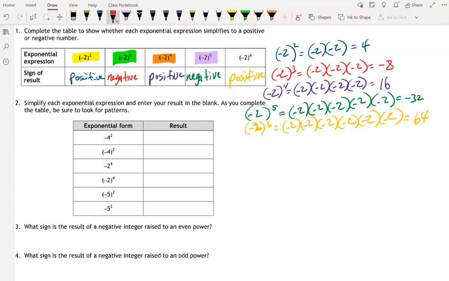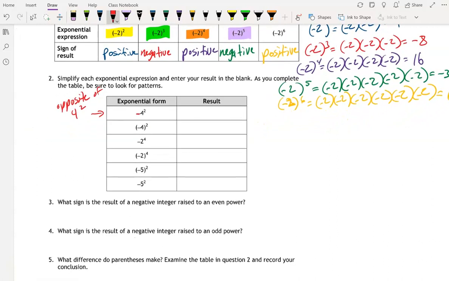So what this one is actually saying is that this is the opposite of 4 to the second power. That minus sign, if it's not in the parentheses, means the opposite of 4 to the second power. So 4 to the second power is 4 times 4, which is 16, but the opposite of 16 is negative 16.